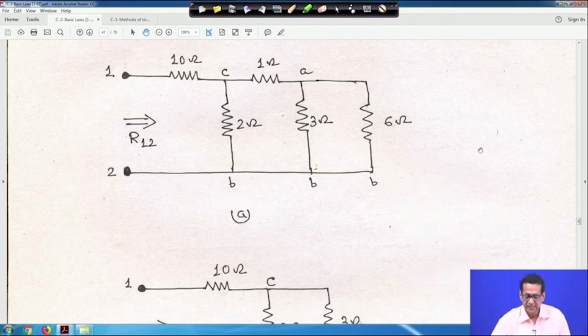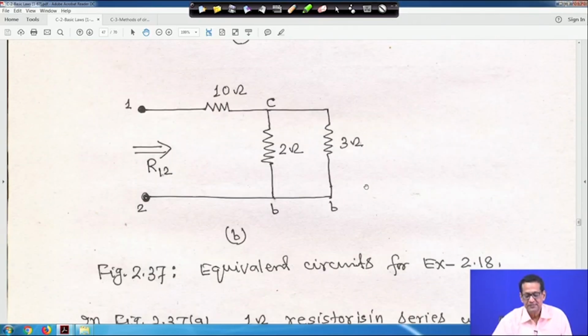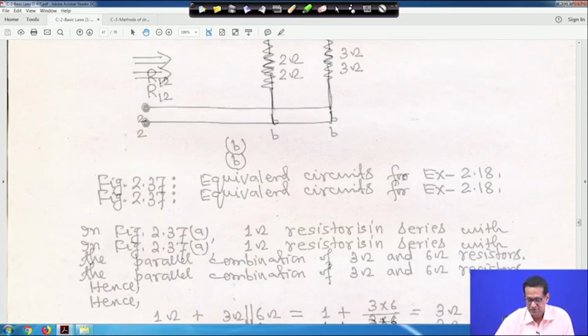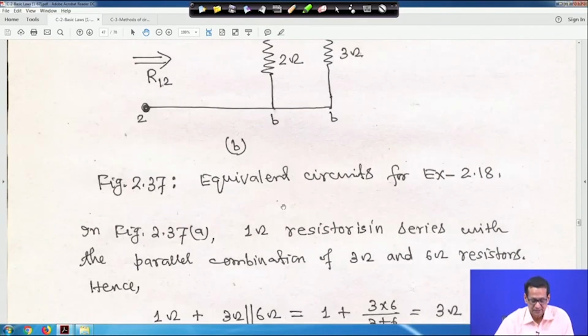If you look into the circuit, that is why it is 3 ohm, and with that 2 ohm is in parallel. And this 10 ohm is there. So, 2 and 3 are in parallel, and with that 10 is in series. So, it will be 10 plus 2 into 3 by 2 plus 3.